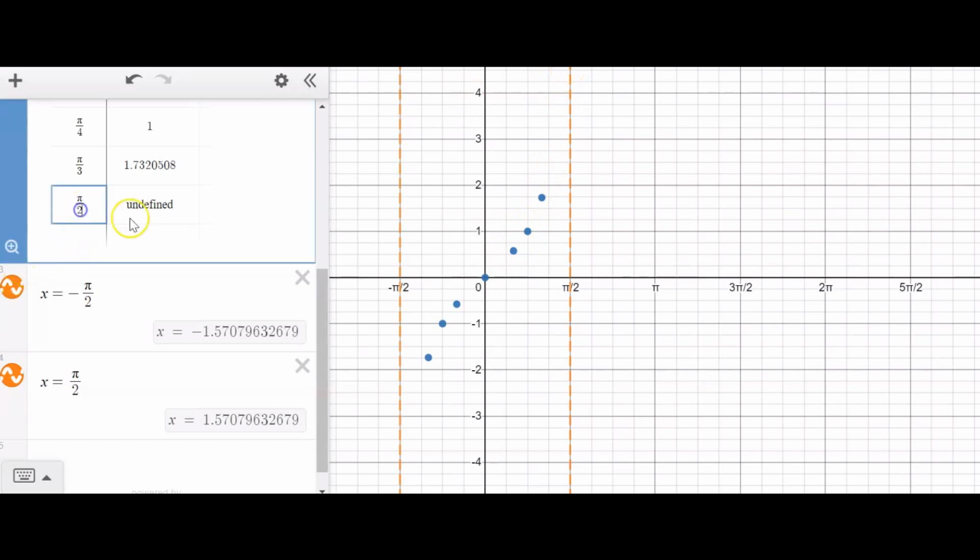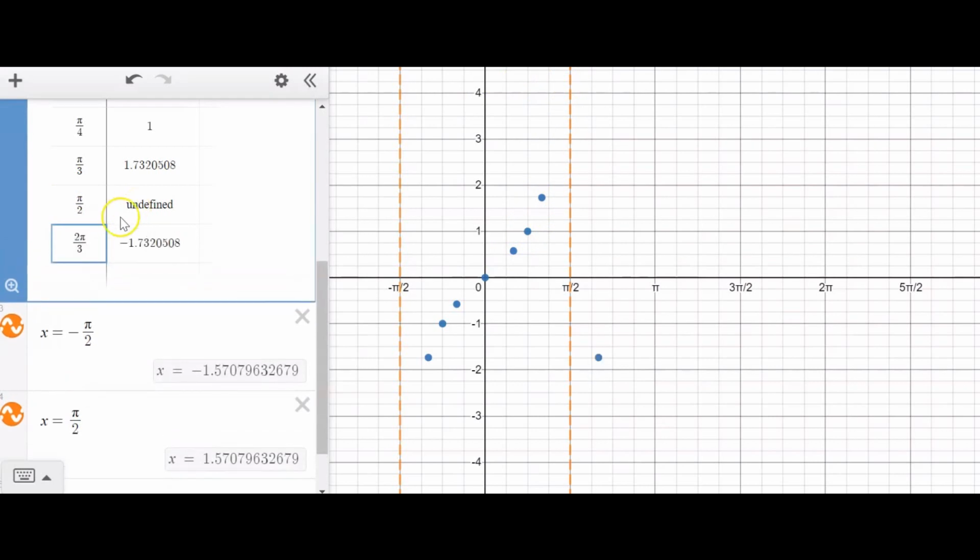All right, well, let's move on now to 2 pi over 3, and it looks to me like we've got negative square root of 3 again, which is down here, okay? And it's very likely, see, that's the same as this over here. It's very likely that we might then see this point again at negative 1.